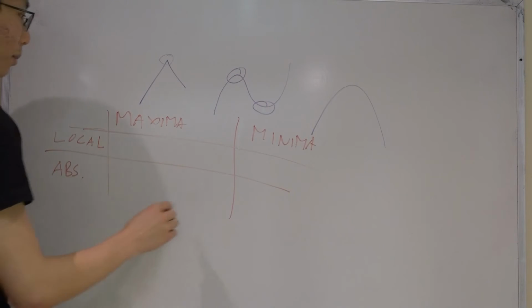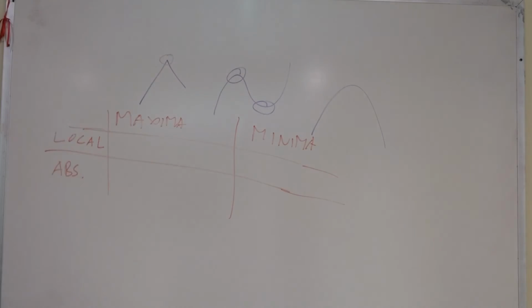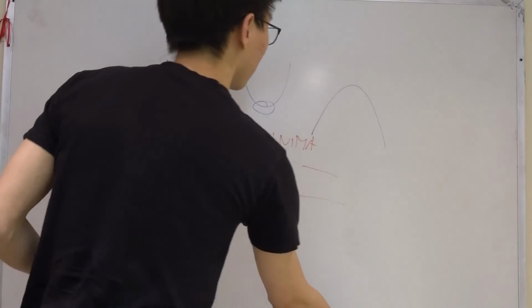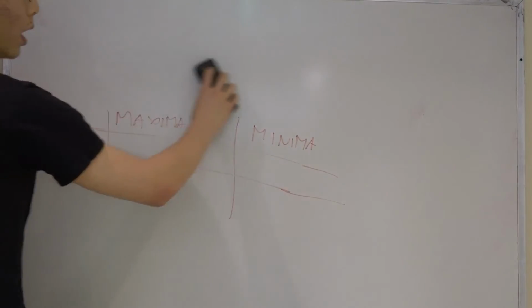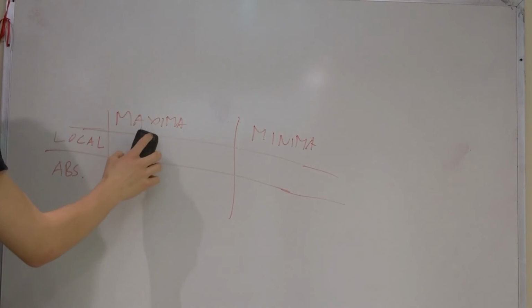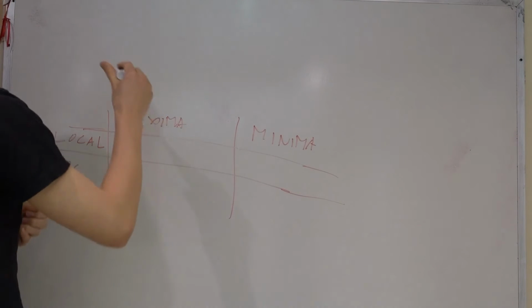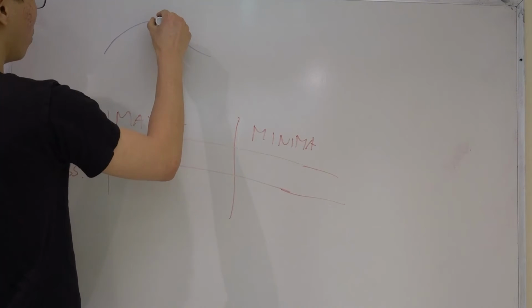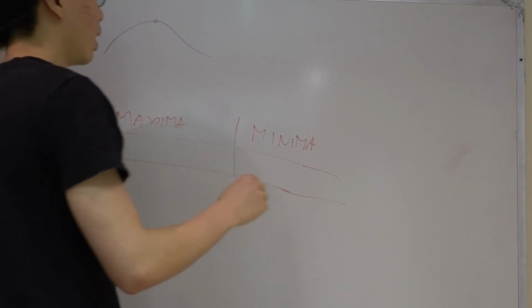I'm just going to write abs. Okay? So perhaps it's easier if I illustrate these concepts just using diagrams. Okay? But then I'm going to put real definitions in here. So what I mean by a maxima is, of course, a point that is bigger than everything else around it. Right? So this is a maximum.